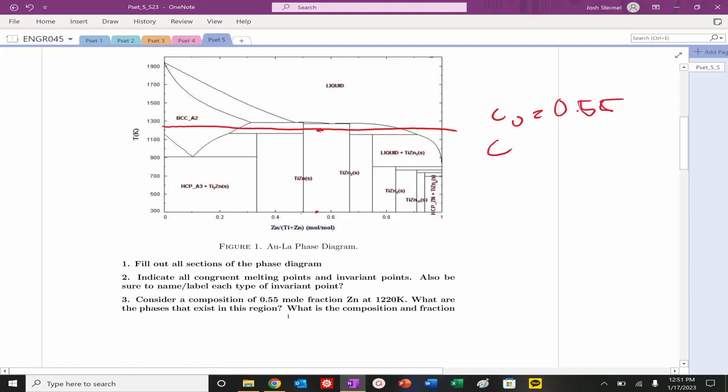My composition, I'm in a two-phase solid region, right? So there's going to be some composition that's TiZn, titanium zinc, and there's going to be some composition that is, let me do a subscript there, TiZn2.